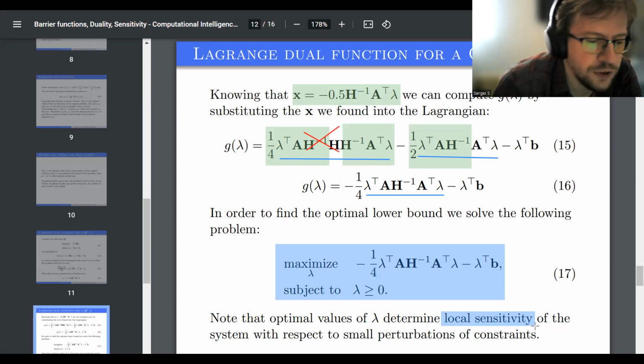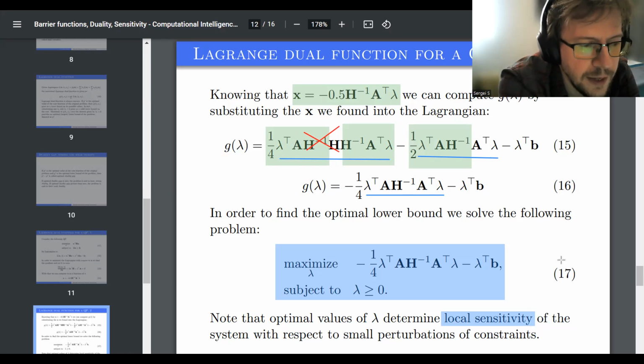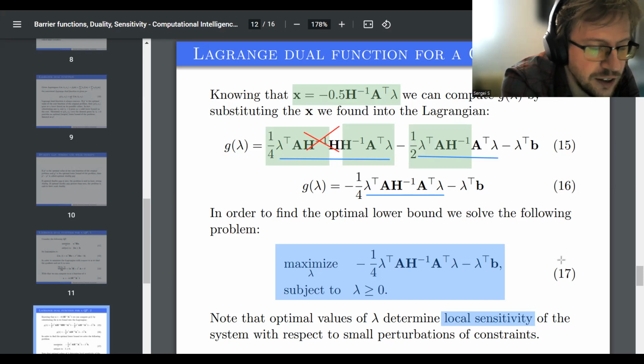When you solve this problem, you'll find some optimal values of lambda, and those optimal values will tell you how much your constraints influence the solution of your system.